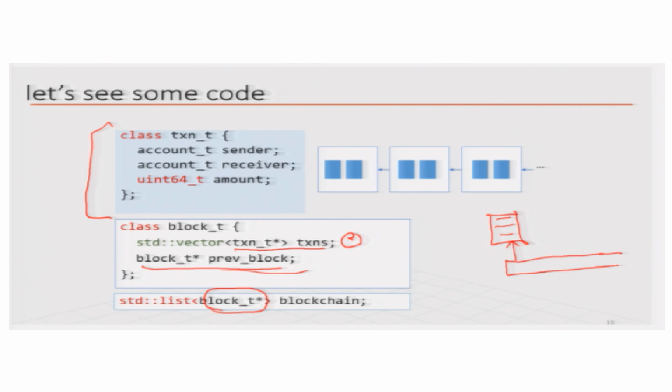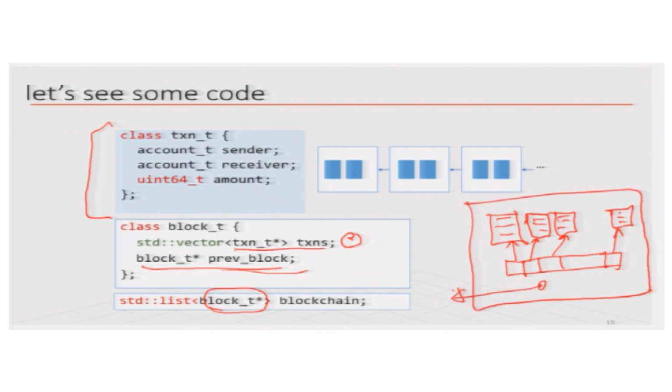So, a vector which has a first location, second location, here is another transaction, third location, here is another transaction and so on. So, this is a vector of pointers to transactions. Each of these transactions has 3 elements. Now, this whole thing along with the pointer is a block, right.